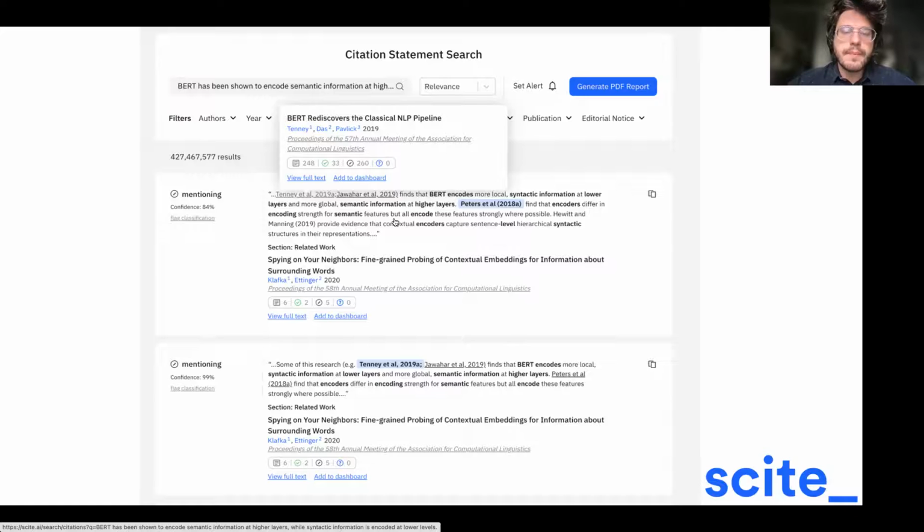If I go down to the second one here, these are both from the same paper, just a different snippet. You can see that this paper, Spying on Your Neighbors, 2020, cites Tenney et al. 2019 for that reason, and they're citing Jawahar as well as a co-citation, that BERT encodes local syntactic information at lower layers and semantic information at higher layers.